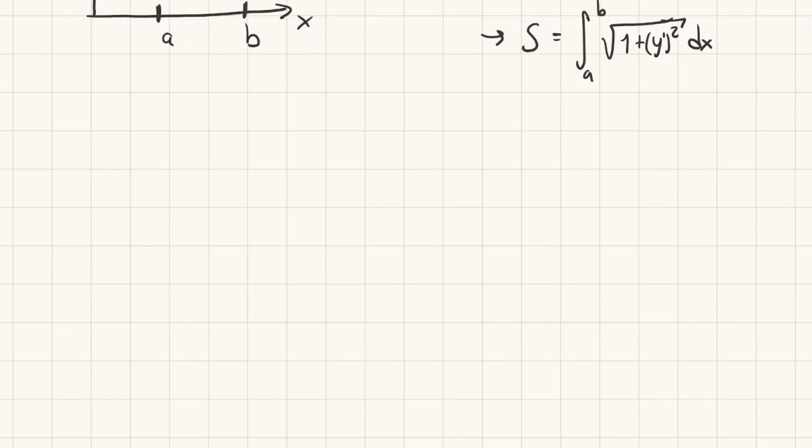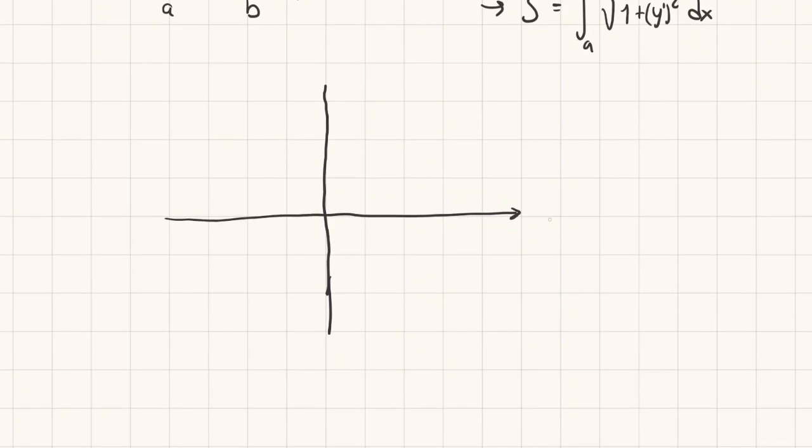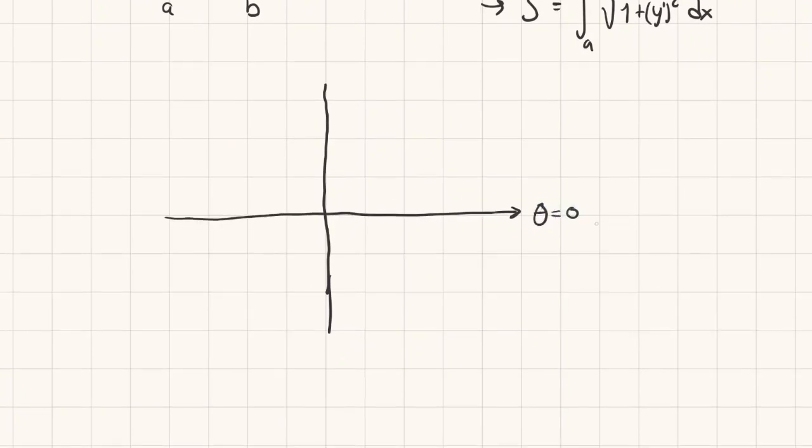Okay, perfect. So after saying this, I want to introduce very quickly the concept of a polar function, or a function in polar coordinates that is going to be graphed in the polar plane, okay? So what is that? I mean that we can have a plane, but instead of having the x and y axis, we are going to have the values of theta. So this will be, for example, theta equals to 0.